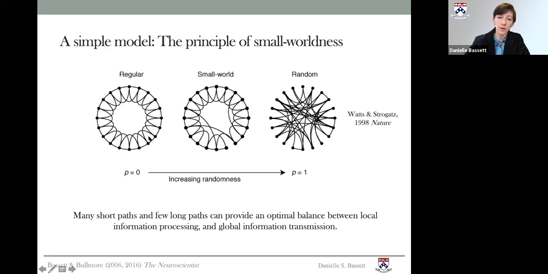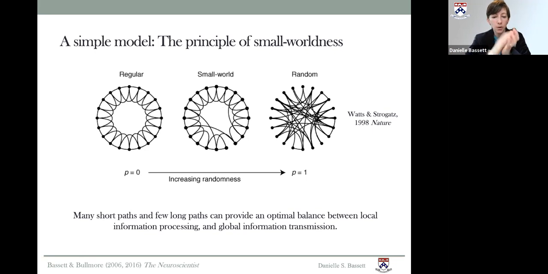And as you go from the regular lattice through this rewiring to a random graph, you move through a regime of small worldness where you have a very high clustering coefficient and on average, very short path length. That is a generative model of small world organization.